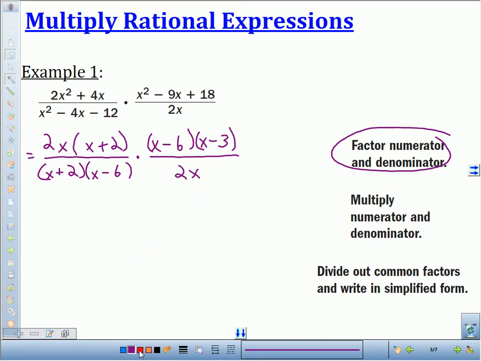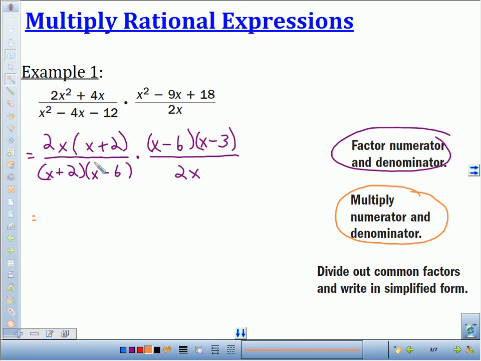That is my first step, and that is the longest step. Everything else is going to go much quicker than this first step. Second step, moving right along, is to multiply the numerator and the denominator. We multiply straight across. And with what we're doing, that basically amounts to just putting the stuff next to each other.